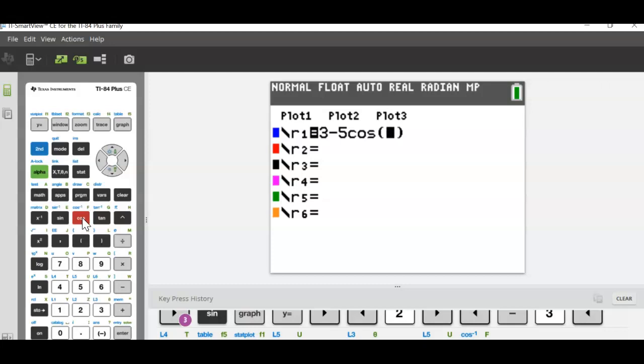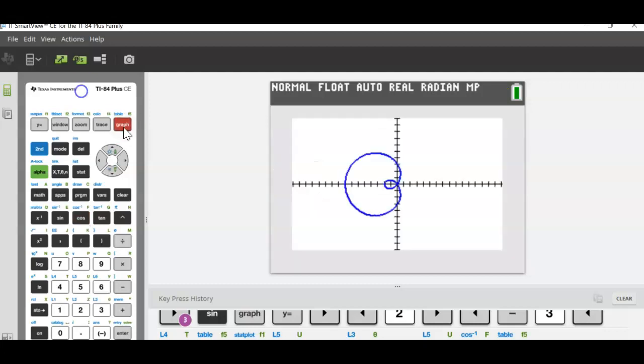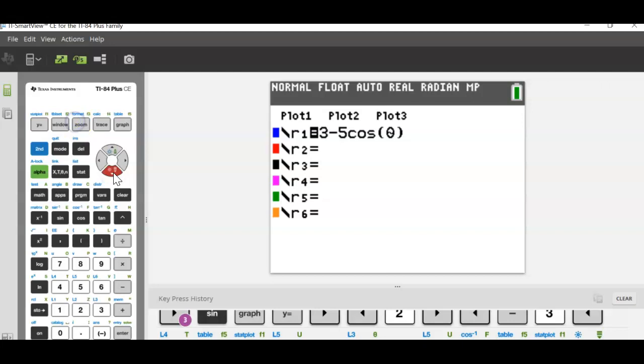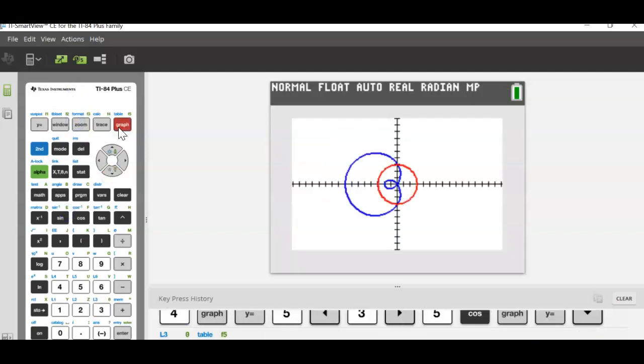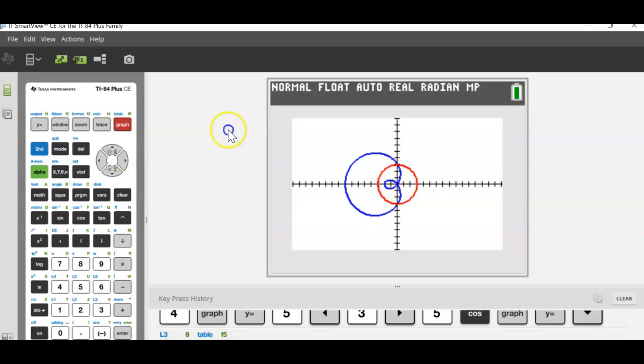The vertical points aren't going to move. You've got one up at 3, one down at 3. Those aren't going to move. But the point that was on the right side of the circle, at 3, is going to get pushed to the left 5, so it's going to end up at negative 2. Try to visualize it, and boom, there it is. We started with the circle of radius 3, and then we push to the left 5 units. So this point got pushed to the left, and this point got pushed to the left.